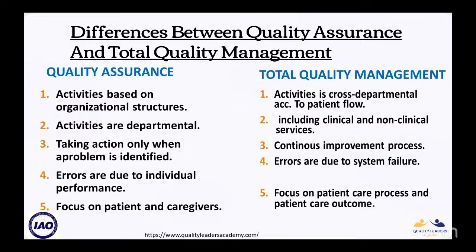QA is department based, meaning usually the quality department is responsible for quality assurance. And it's compliance focused, meaning they are supposed to meet the minimum standards and avoid bad outcomes. QA is also blame oriented. When things go wrong, find who messed up and trash him. And then finally, it's statistical because it relies heavily on sampling and statistical quality control.